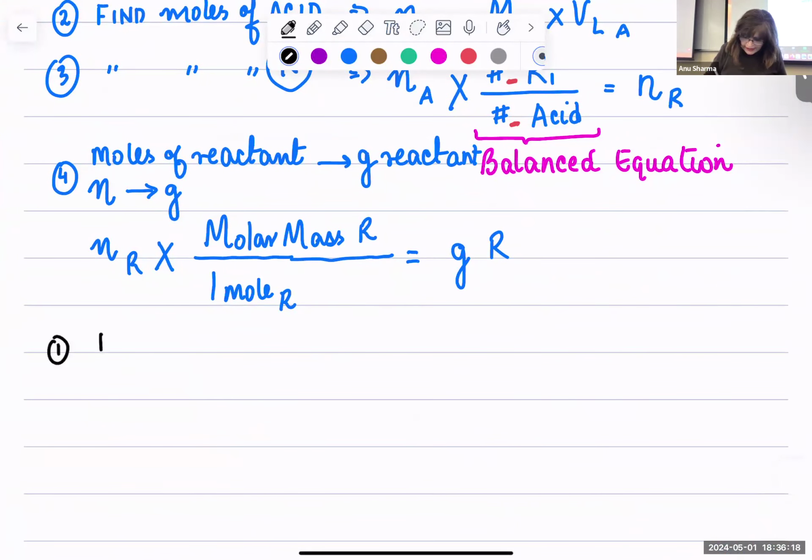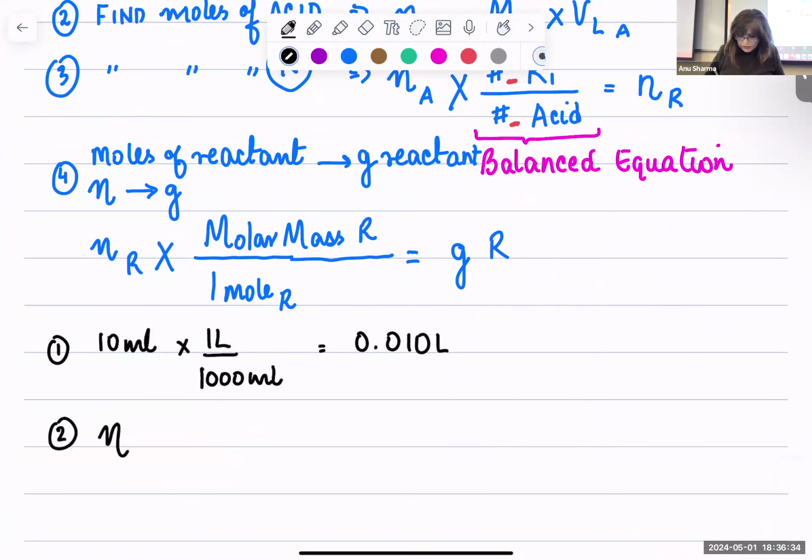First is 10 ml times 1 liter over 1000 milliliters. So this gives you 0.010 liters. Second step is the number of moles of HCl is equal to molarity of HCl times the volume in liters of HCl.